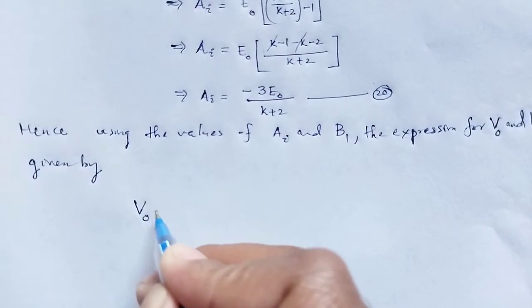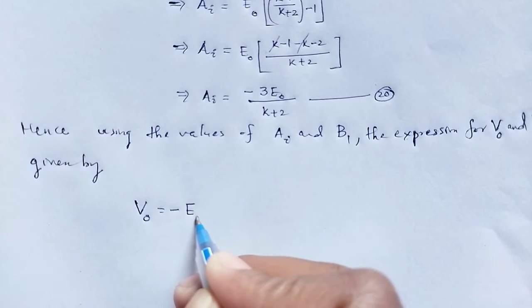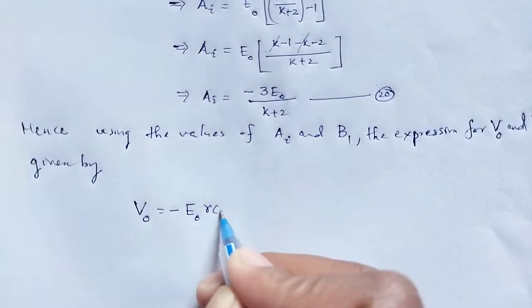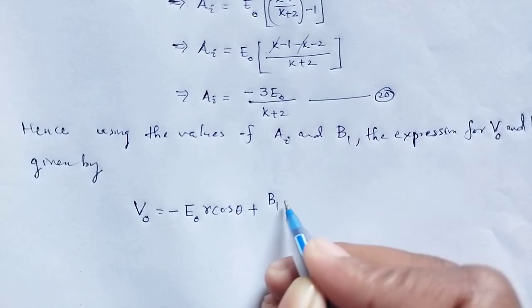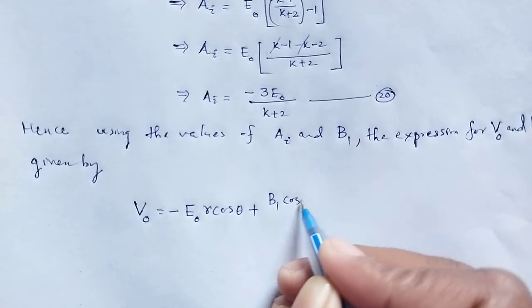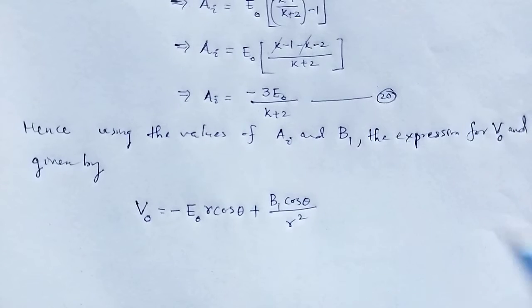V outside will be minus E naught R cos theta plus B1 cos theta divided by R squared.